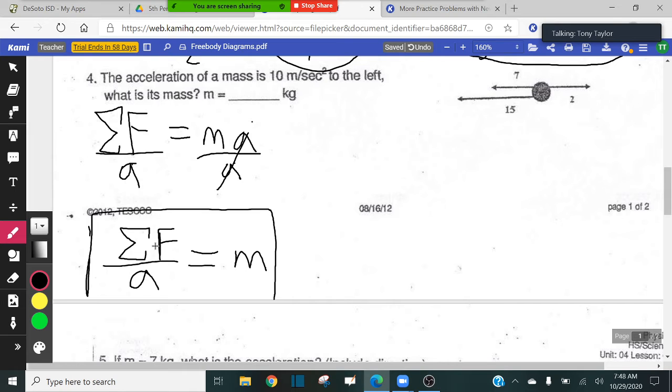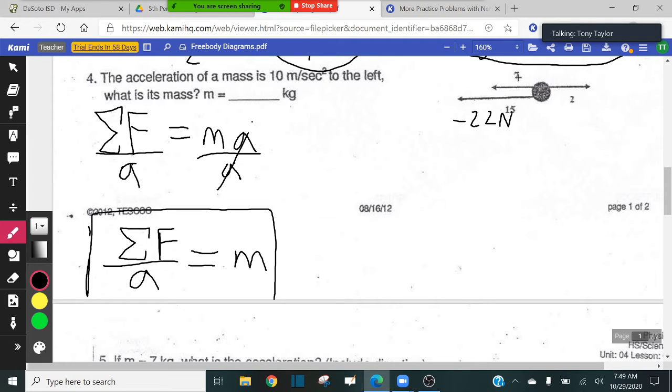Okay, well, what are the sum of the forces here? So notice I have a force that's positive 2, negative 15, and negative 7. Okay. So guys, if I take negative 15 and combine it with negative 7, that gives me a negative 22 newtons, right?